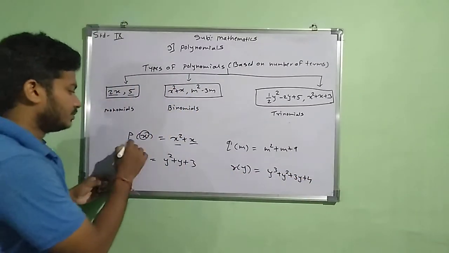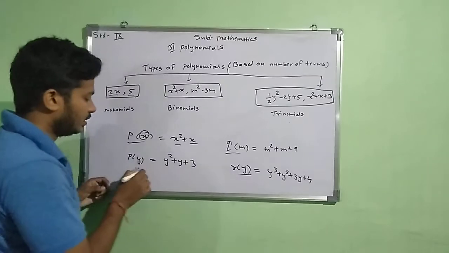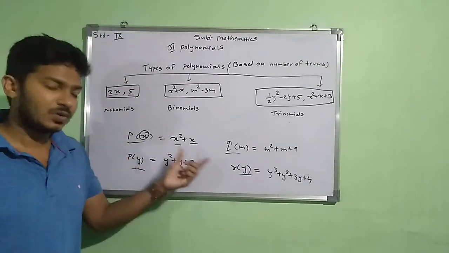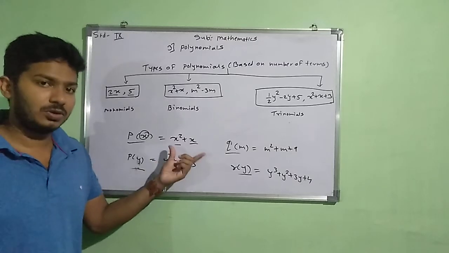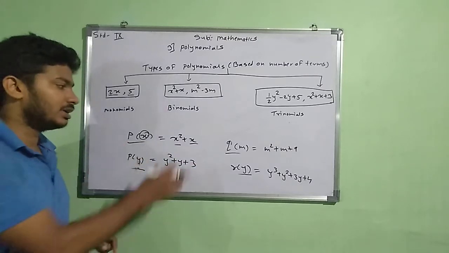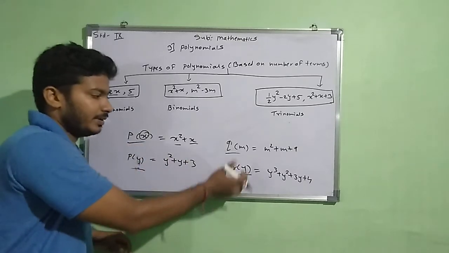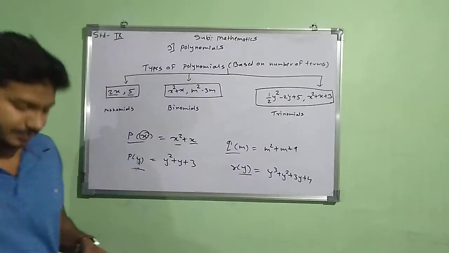So these are the notations for a polynomial. We can denote it by any letter, p of x, p of y, depending upon which variable we are using inside that polynomial. So this is denoted by p of x, p of y, q of m, r of y.